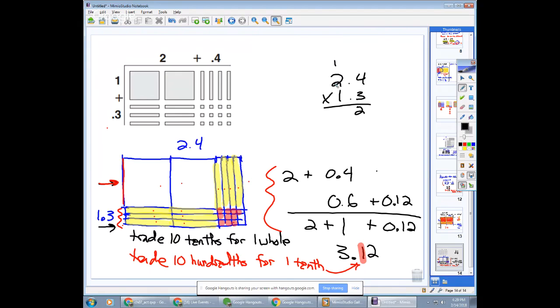What is it in the picture? Mind blowing, isn't it? What is it? 1 what? It would have to be 1/10. Yeah, it would have to be 1/10. It came from down here, right?